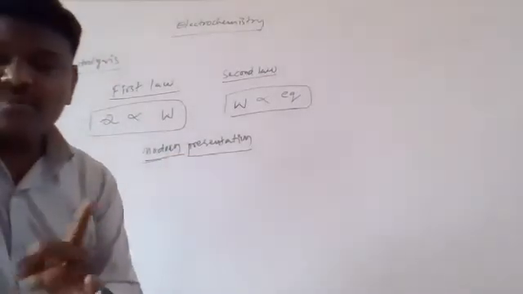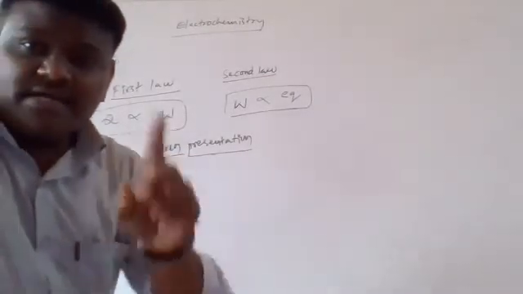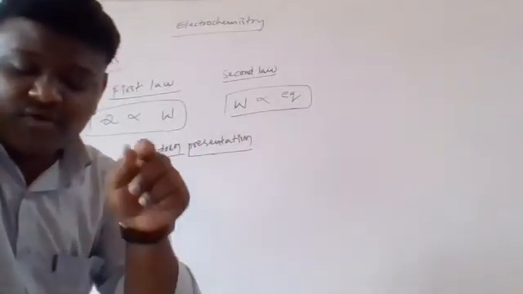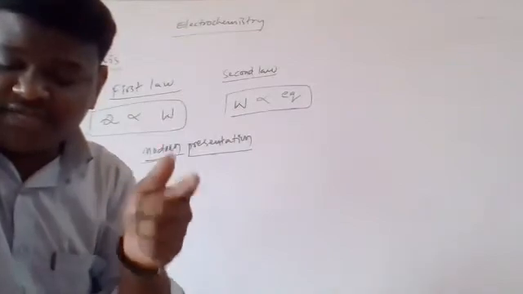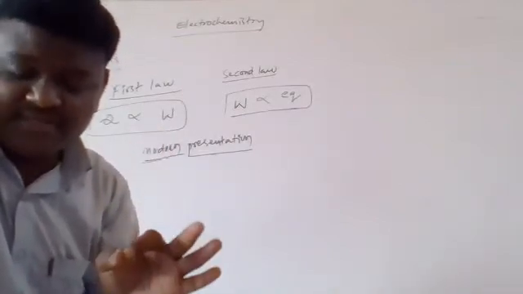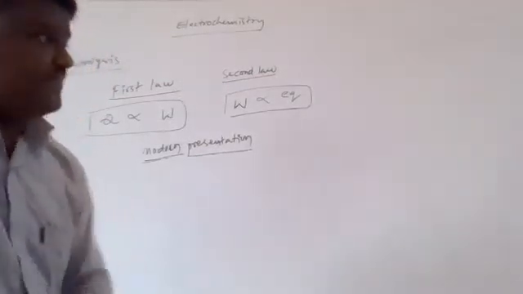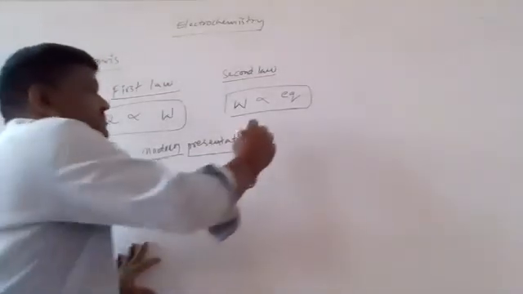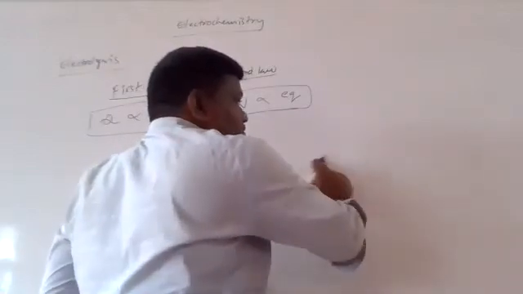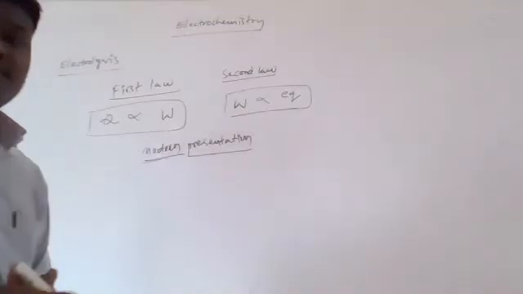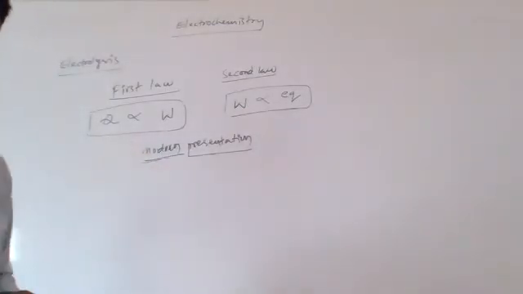Once again, the products obtained at the electrodes by oxidation and reduction have a relation with the moles and the stoichiometry of the reaction, and the quantity of electricity. So what is the relation? Quantity of electricity, mole of the product, and stoichiometry. These three concepts make up the modern representation.